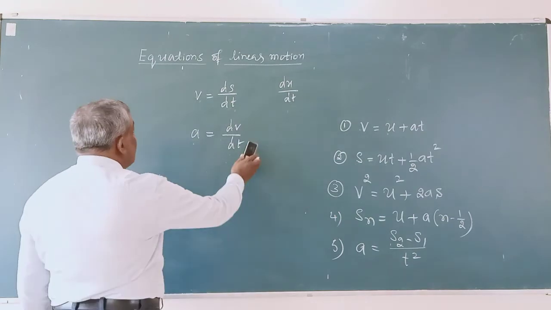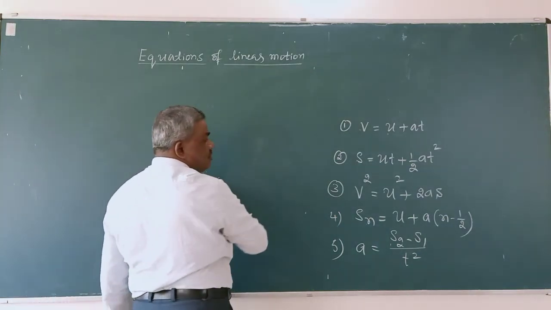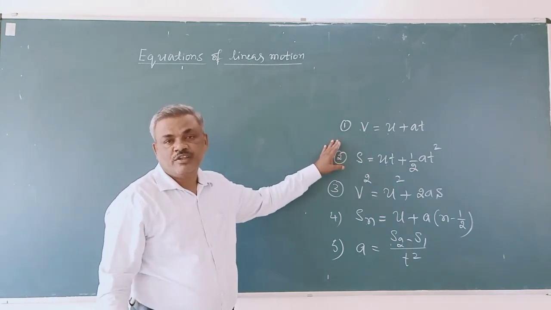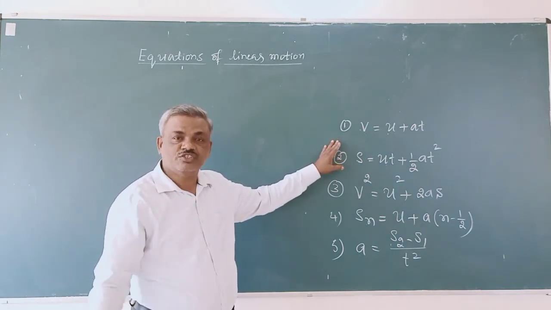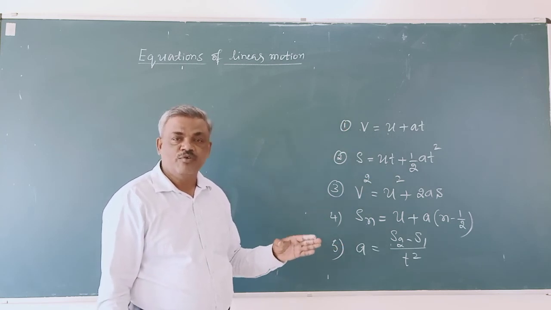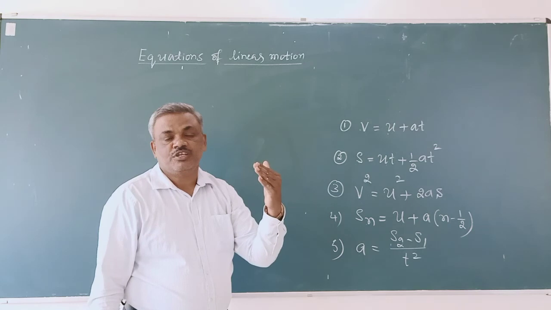The equations of linear motion, or kinematic equations, are very important in your first lesson, the motion in a straight line chapter. So the 5 equations are very important. How do we improve our knowledge of motion in a straight line?